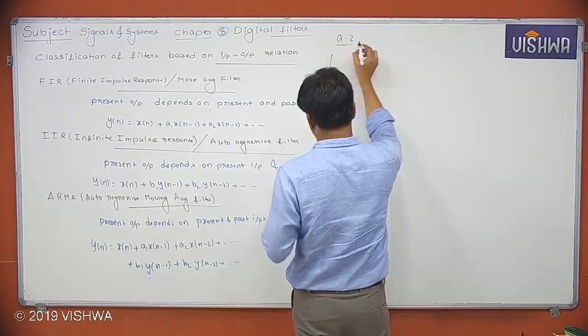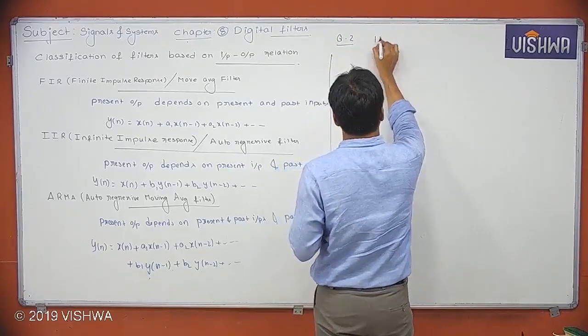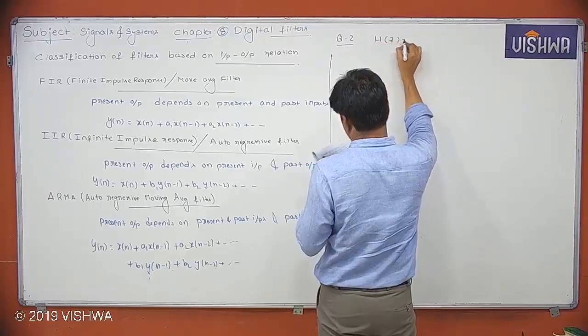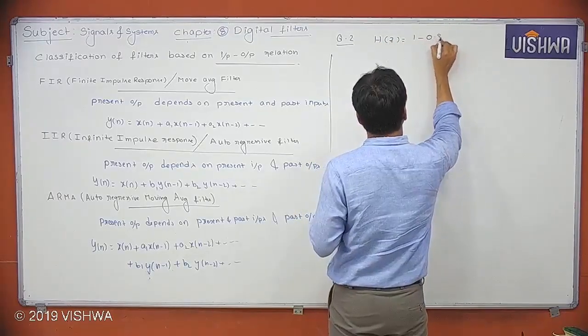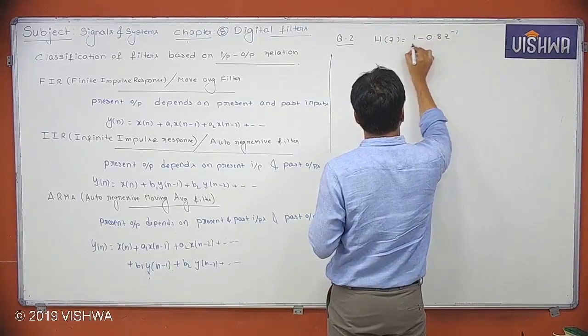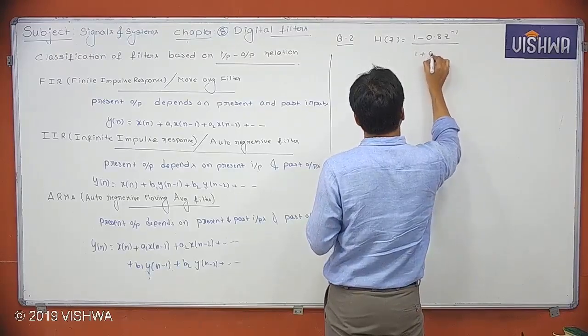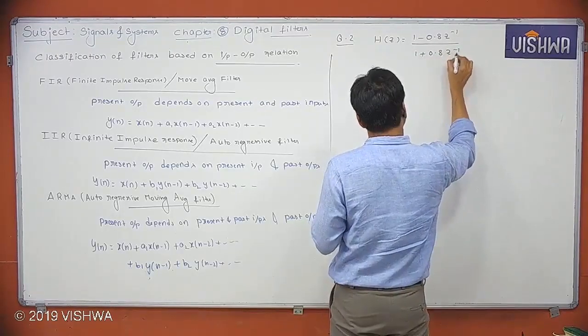Question number: H of z is equal to 1 minus 0.8 z inverse by 1 plus 0.8 z inverse.